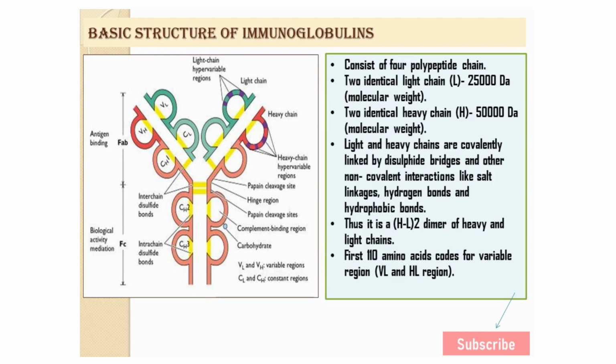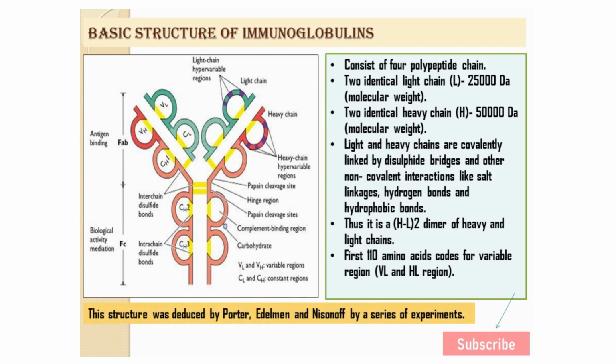Thus, it is an H2L2 dimer of heavy and light chains. The first 110 amino acids code for the variable region. This structure was deduced by Porter, Edelman, and Nisonoff by a series of experiments.